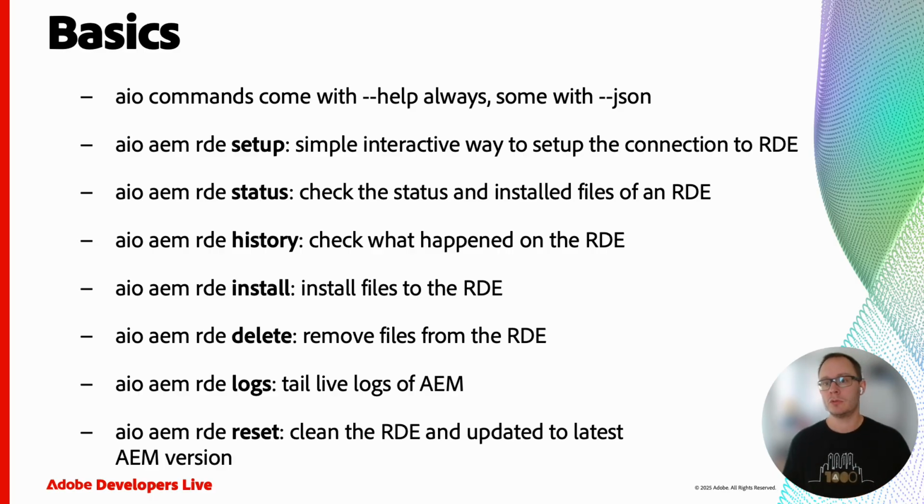For example, if you run a CI/CD environment like Jenkins, you could use the AIO to install files in a Jenkins job, and then run unit tests on that. And when you're done, reset the RDE afterwards to get it back to a vanilla state before the next cycle starts. So make sure to always check the help. The help will also mention if there's a JSON option.